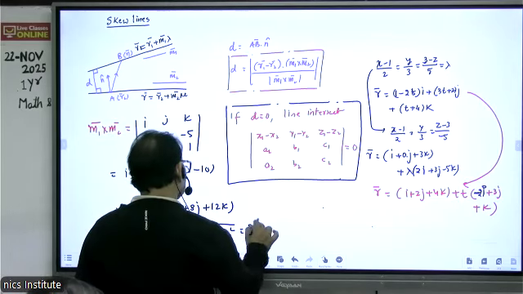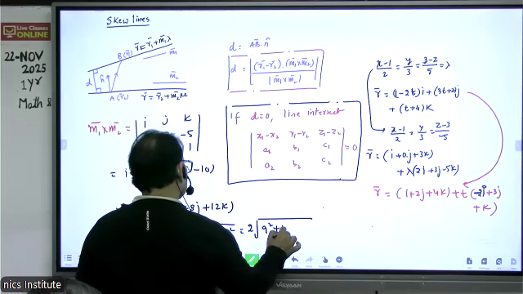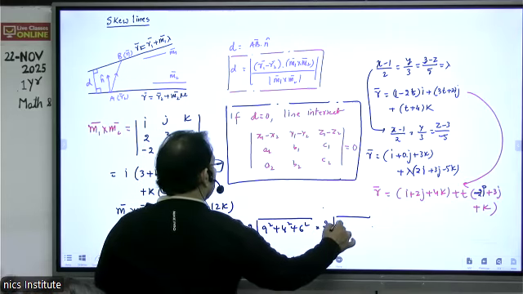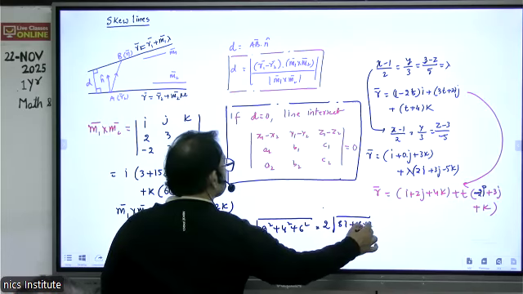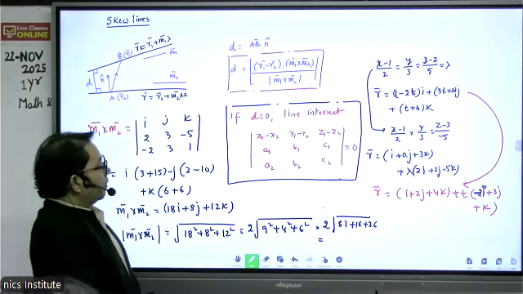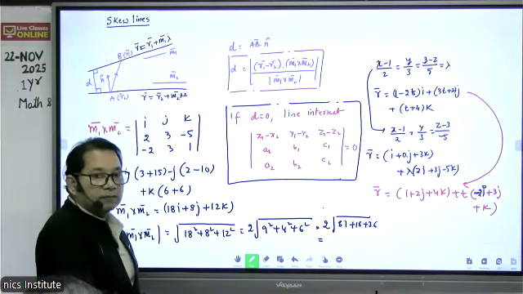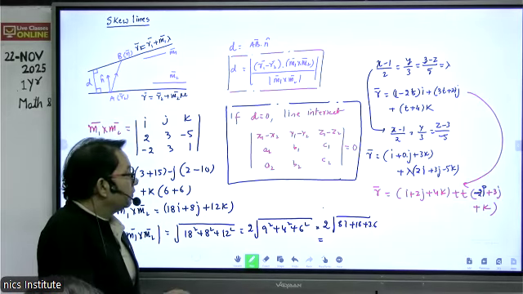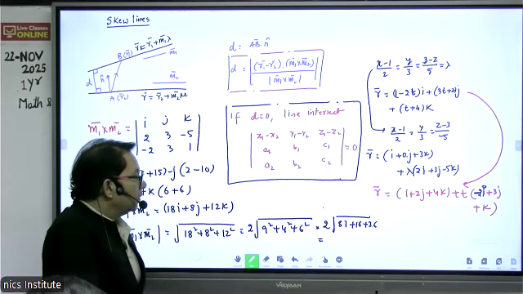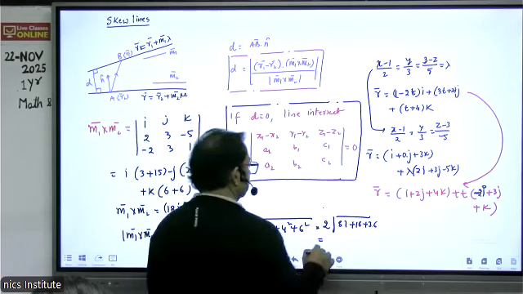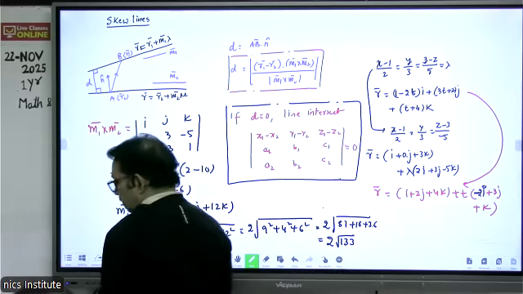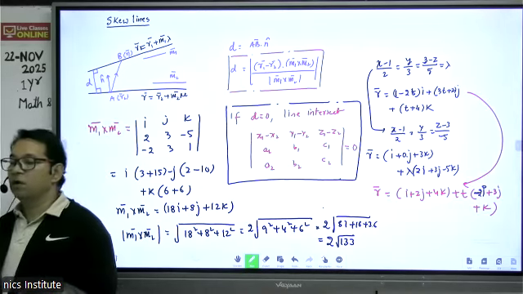If I take 2 out, it'll be 9 square, 4 square, 6 square. 81, 16, 36. कितना आ रहा है? 52 plus 81. 133. Hmm? So this is M1 cross M2 ka mod, right?